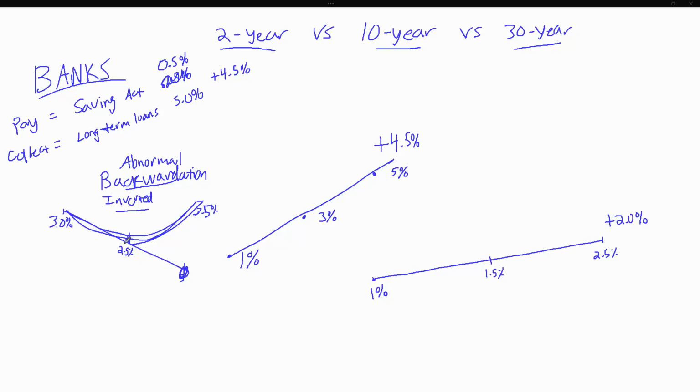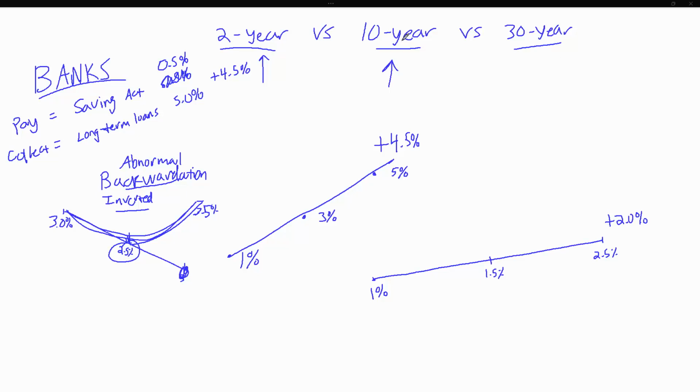Why on earth would I be paying less or getting paid less to lend my money to someone at 10 years than what I can collect to lend it to them for 2 years? I would expect to be compensated more for giving them my money for that much extra. I'm going to give them my money for 8 more years, and they're going to pay me less interest than if I give it to them for 2 years.